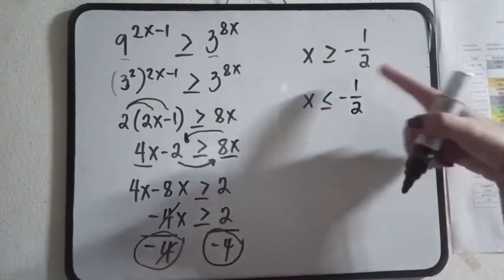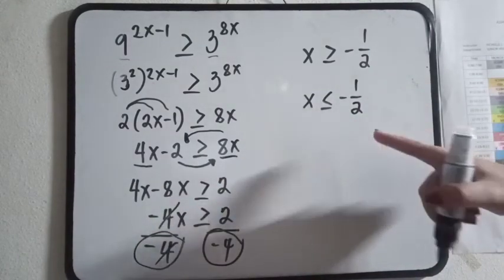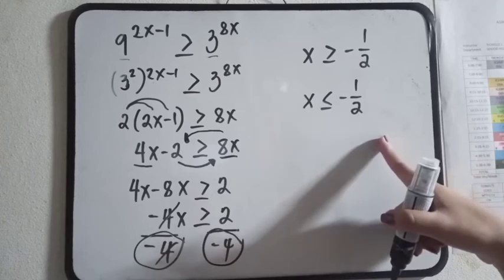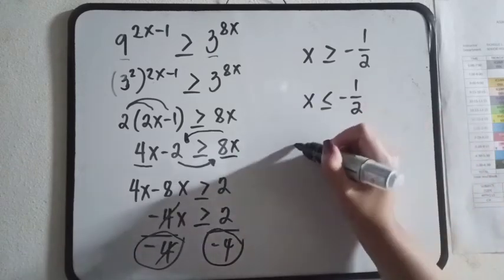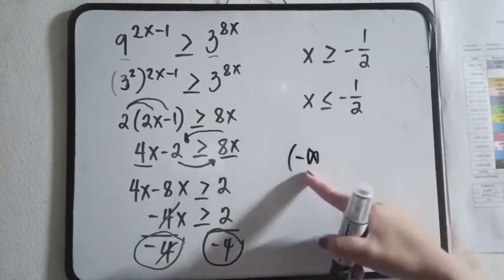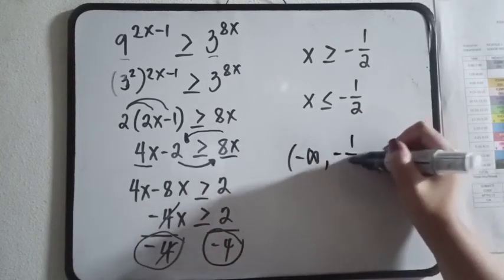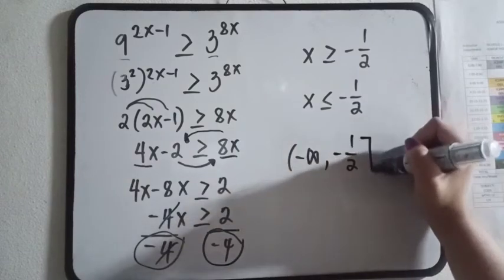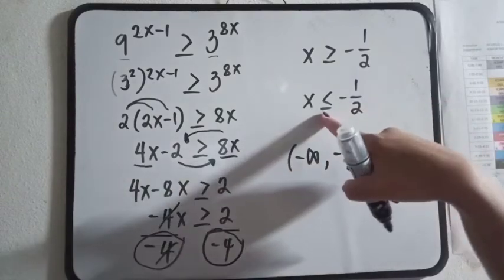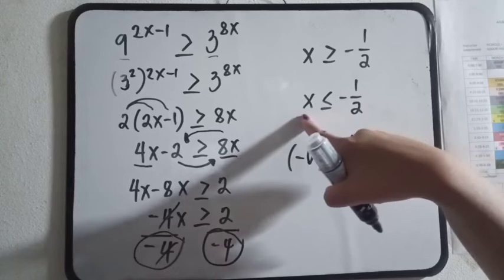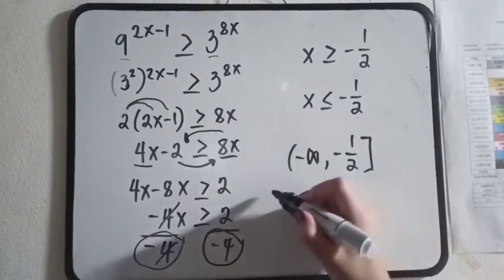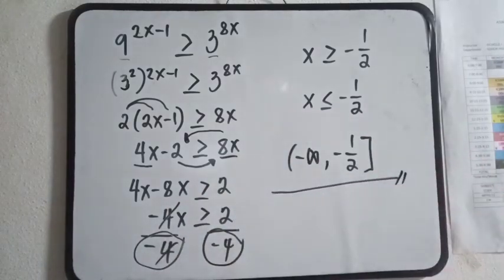Mas mababa naman daw kay negative 1/2. So ang ating interval notation, magiging from negative infinity, kasi nga mas mababa daw kay negative 1/2, to negative 1/2. Then naka-bracket si negative 1/2, since included siya sa pupwedeng maging value of x. So ito ngayon yung ating magiging final answer.